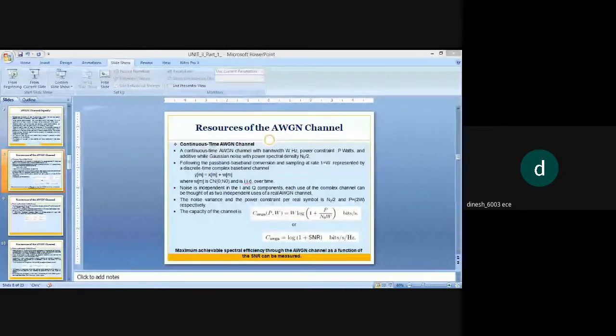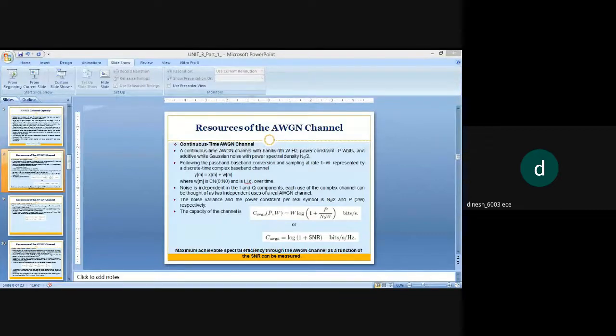So for infinite bandwidth, the capacity will always be finite. The capacity of the additive white Gaussian noise channel for infinite bandwidth will be equal to P divided by N naught log to the base 2 of e bits per second.